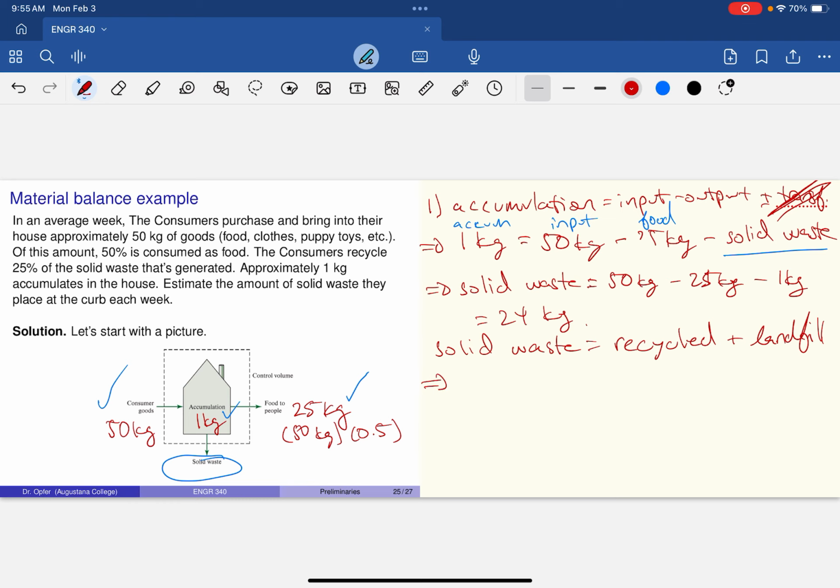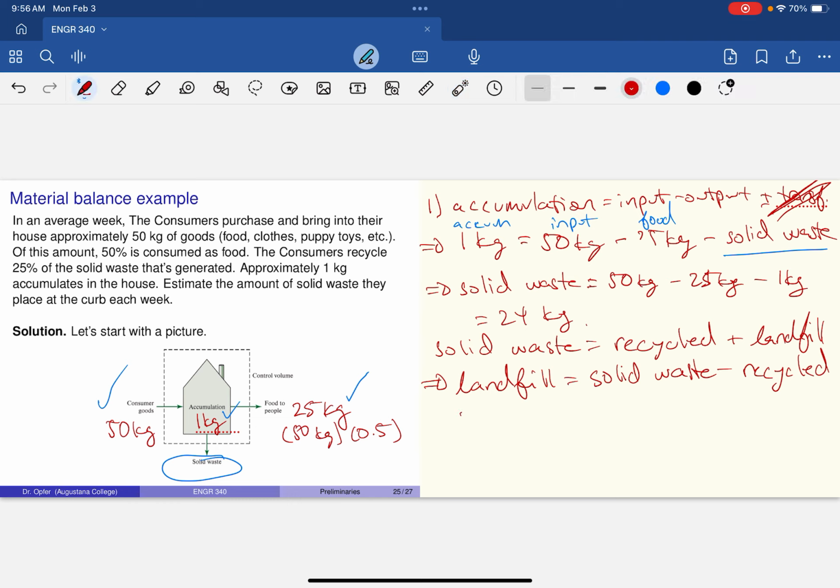So that means the landfill amount is equal to the total solid waste minus that fraction of solid waste that's recycled. Right, so when I say landfill, I'm talking about the amount of solid waste that's placed at the curb each week. Okay, so that's the same thing.